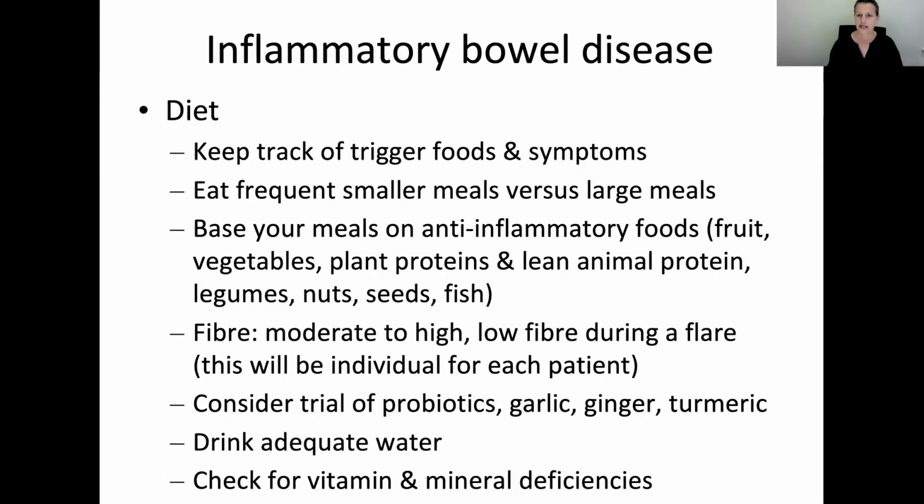Now, of course, as a dietitian, we like to make these things very tailored personally to each individual person. Some people won't be able to have the legumes and won't be able to have a lot of nuts and seeds, depending on how they manage fiber. So we really want high fiber when you don't have a flare, and very low fiber during a flare.